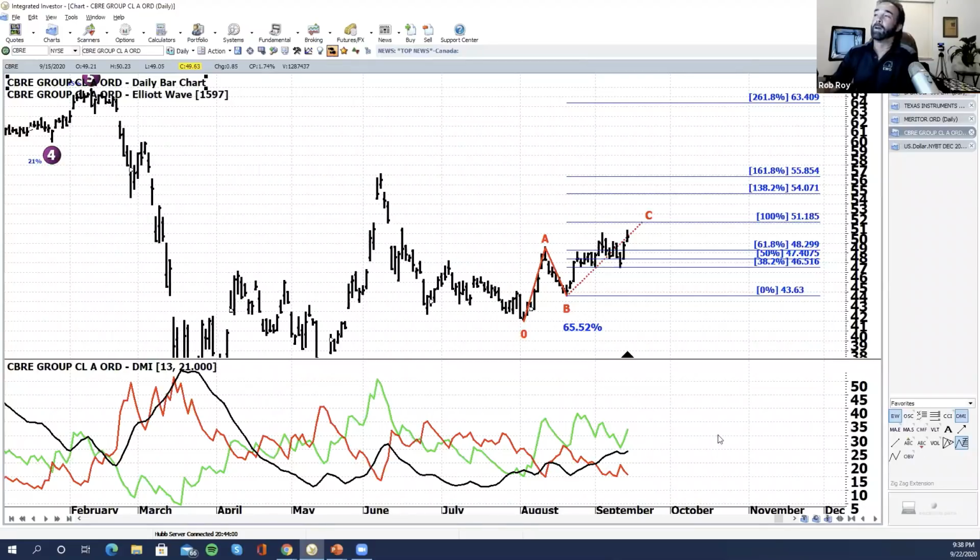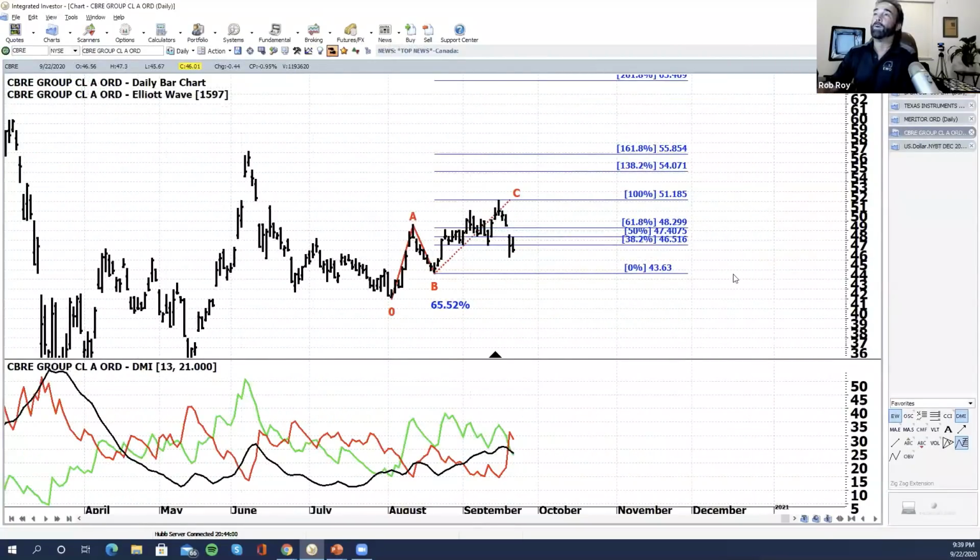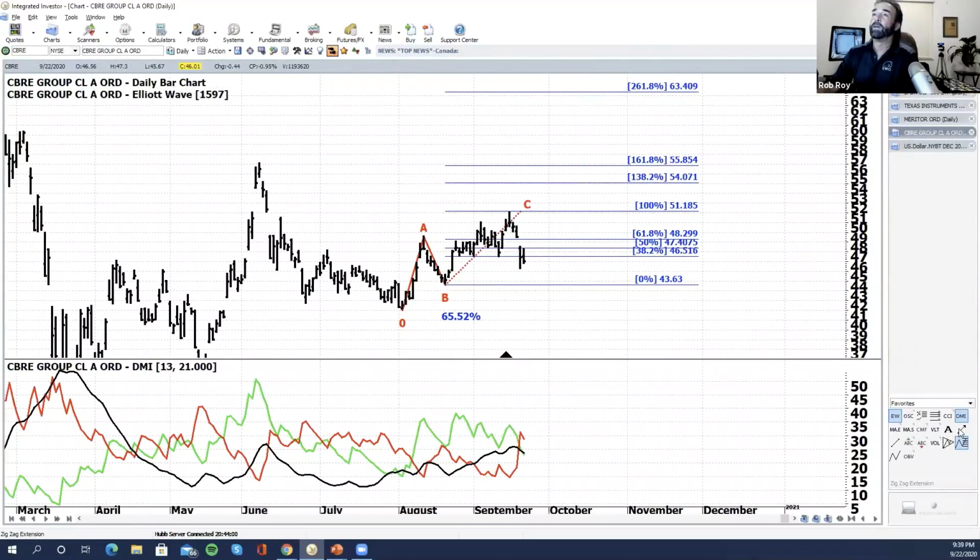The DMI looks pretty good, and the next day was good. Then we had the move down, and then the drop yesterday, sideways move today. From a purely technical standpoint, as long as this B segment holds, that point holds, you can stay in. If that's violated, then that's your exit or adjustment point.